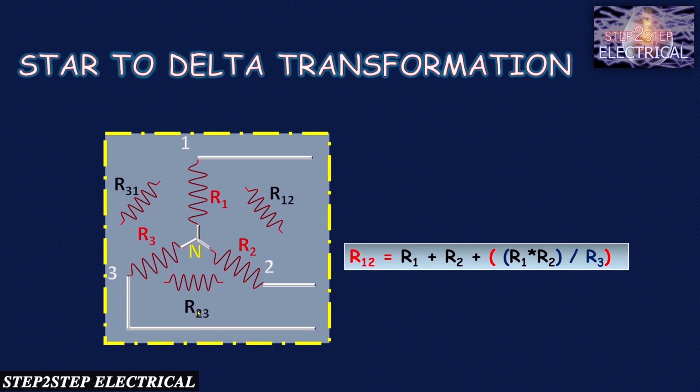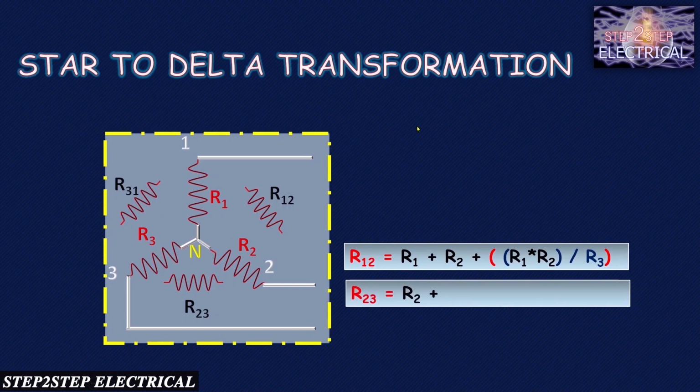R23 lies between R2 and R3, so R23 equals R2 plus R3 plus R2 into R3 divided by R1. And for R31, which lies between R3 and R1, R31 equals R1 plus R3 plus R1 into R3 divided by R2. So these are the formulas for R23 and R31.